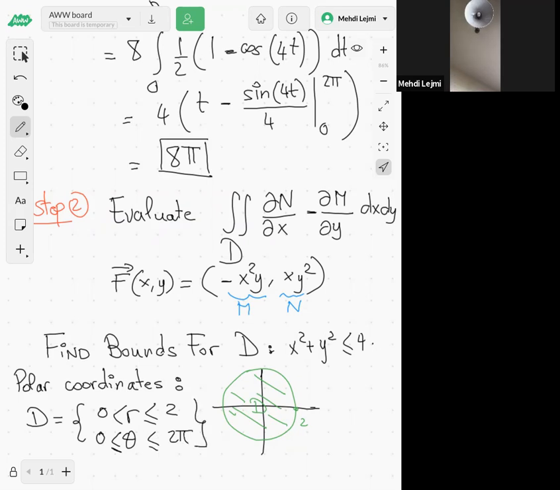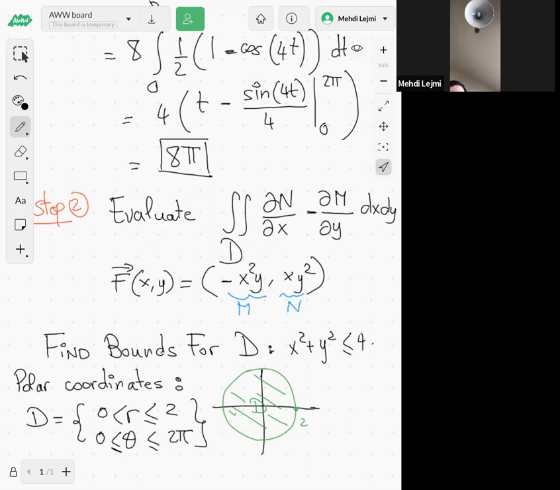Of course you can use x and y, but then to find the bounds for D you would have square root of 4 minus x squared and so on. If you just use polar coordinates, you can say the radius is between 0 and 2, and the angle theta is between 0 and 2 pi, because it's the whole circle.